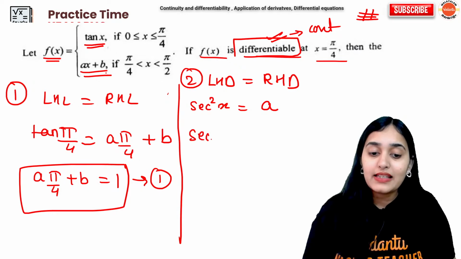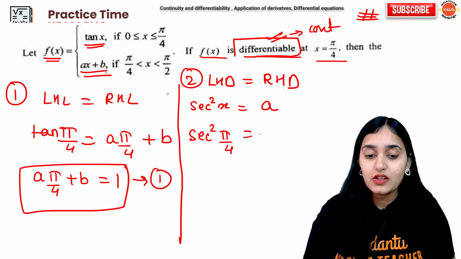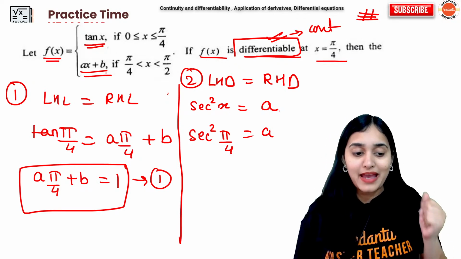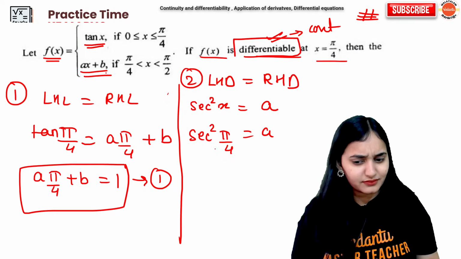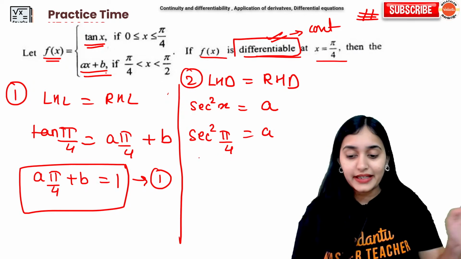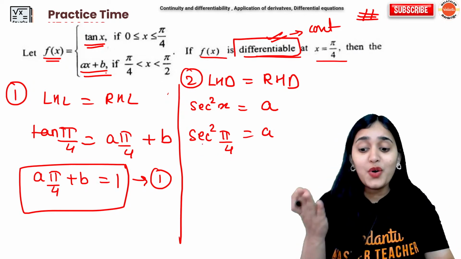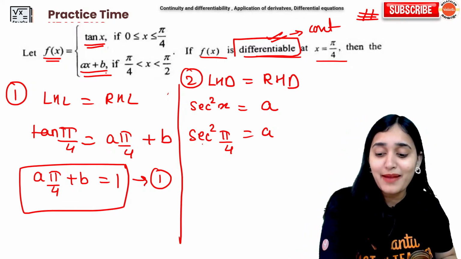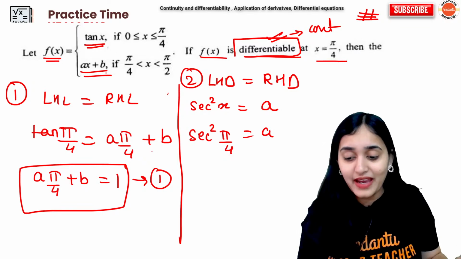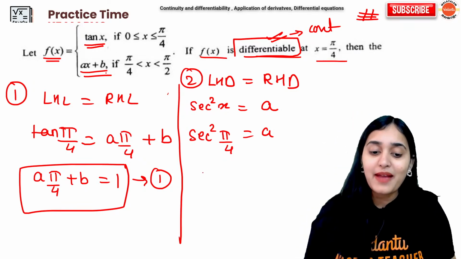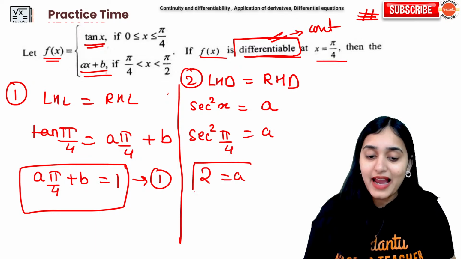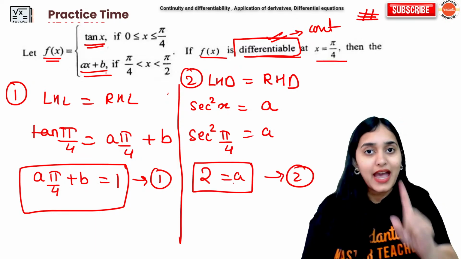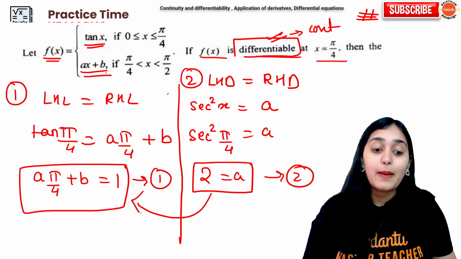Then what is secant square pi by 4? You have to know the trigonometric values. Secant square pi by 4 is 2. So what is the value of a? Value of a is 2. Now you have value of a. Find b.